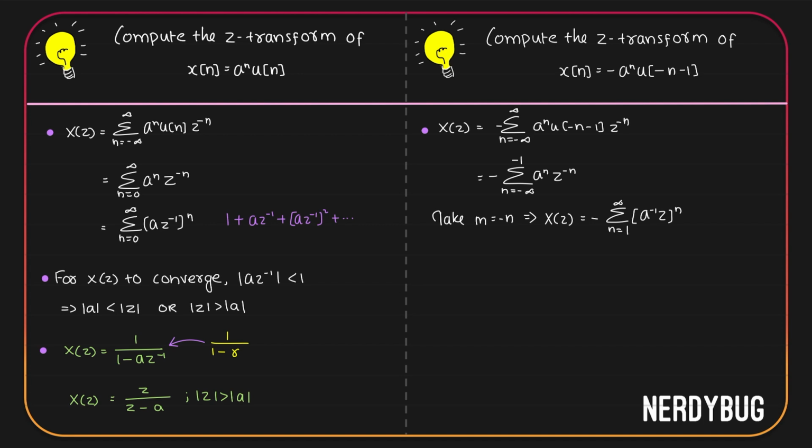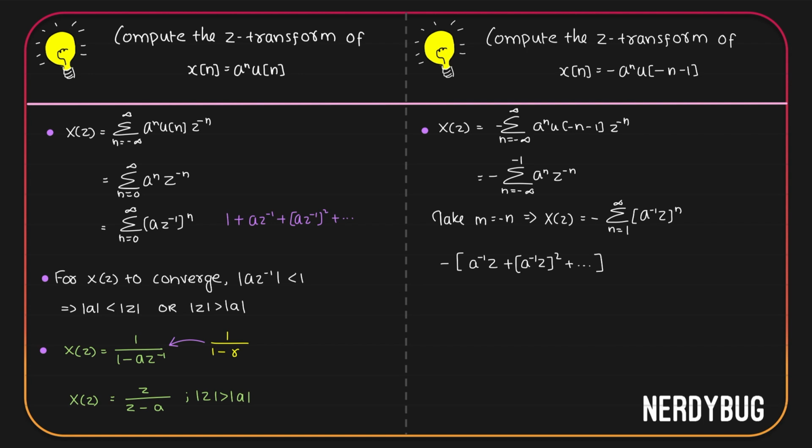Now this is a geometric progression. So we can write it like this: negative of, if you give n equal to 1, it is a to the power minus 1 z, plus if you give n equal to 2, it is a to the power minus 1 z squared, plus it goes on like that. There are infinite terms, so it is an infinite GP.